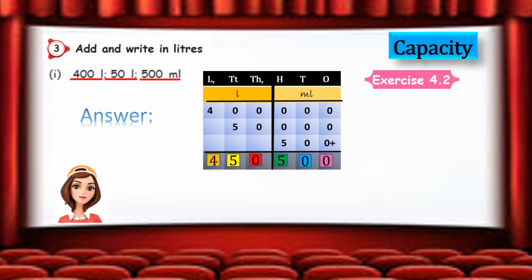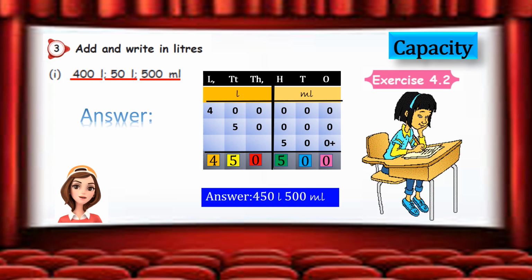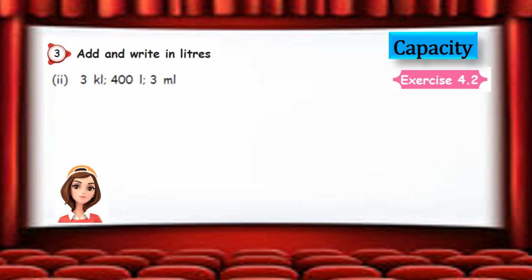Now we need to take it out and write it. The answer is 450 liter and 500 milliliter. Like this only we need to write. Don't change the order: liter 450, milliliter 500. Don't write it another way. Hope you understand.